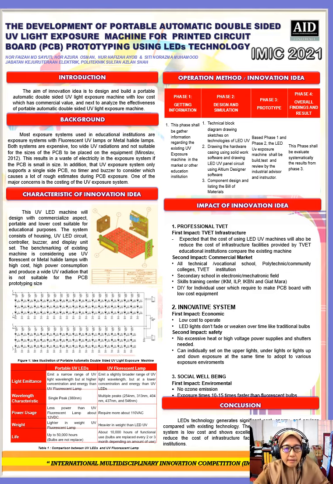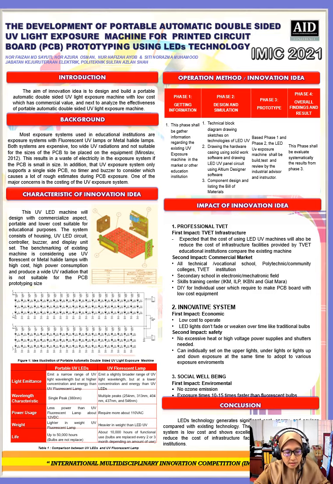Okay, we look at the characteristics of the innovation idea. As we can see, this is the figure of the illustration idea. The UV LED machine is designed with a commercialized aspect, portable and lower cost, suitable for educational purposes.